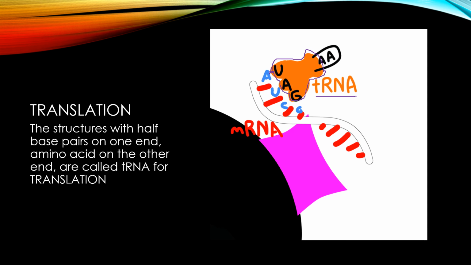That's why this is called tRNA. The tRNA does the translating. Because what does it translate to? It translates the base pairs into an amino acid. And these three base pairs that we have on each of the tRNA structures, the UAG, that is called a codon.